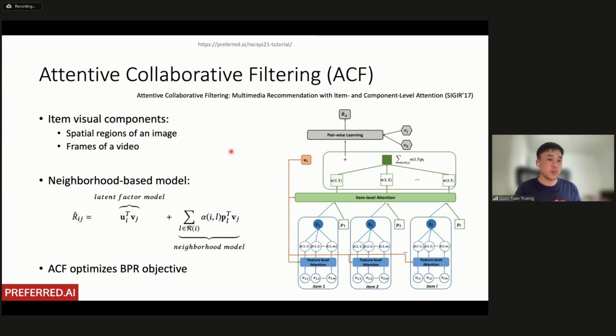For an item with an image, different spatial regions of the image will be different components of that item. If the item is a video, then different frames will be different components. And then they use the idea of attention to aggregate the different components into a representation of the item.